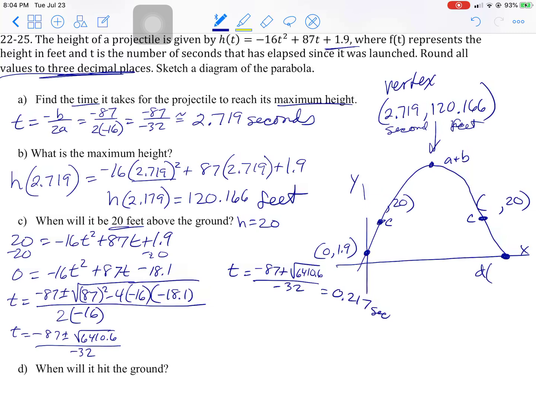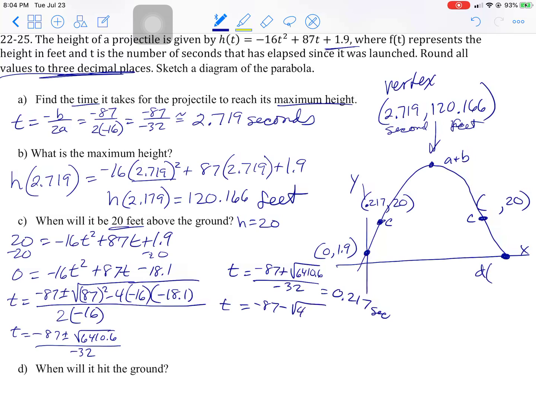This thing's traveling fast, huh? Because at 0 seconds, it was only at 1.9 feet, and at 0.2 seconds, it's at 20 feet, so it's going fast. It is a projectile. It's probably shot right out of something. So it goes pretty darn fast. And that is between 0 and 2.7, so we're good.